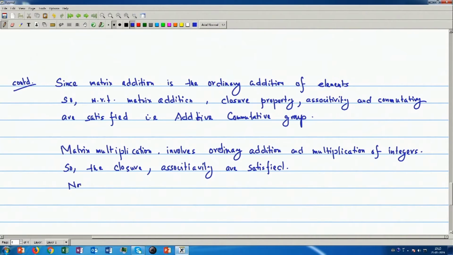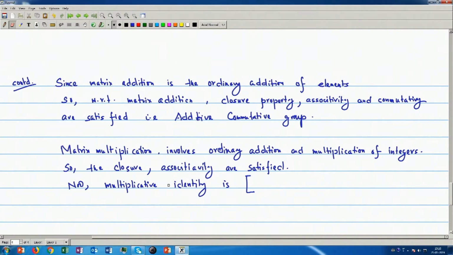Now, since it is multiplication, the multiplicative identity is, sorry, we have not yet read that thing.